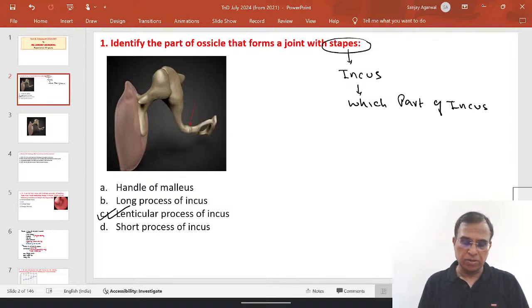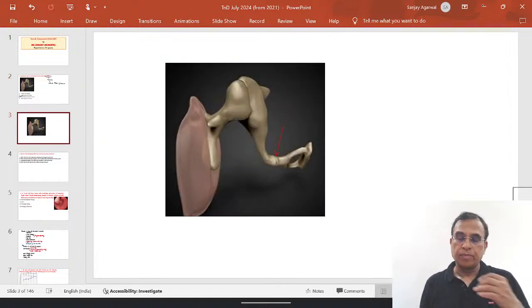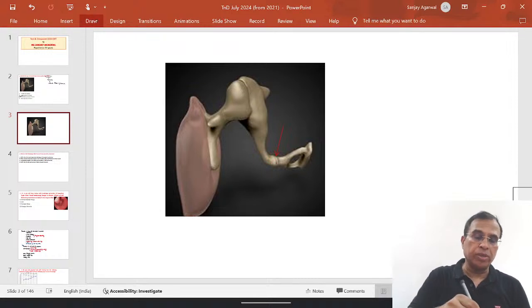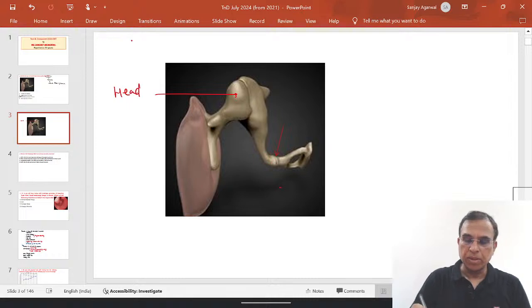Now in this image of the middle ear or ossicles, what are the important structures that you should be able to identify normally? See, this whole thing is the malleus, I'm sure you know. And in the malleus, this is the head of malleus. This one is the neck of malleus. This is your anterior process.